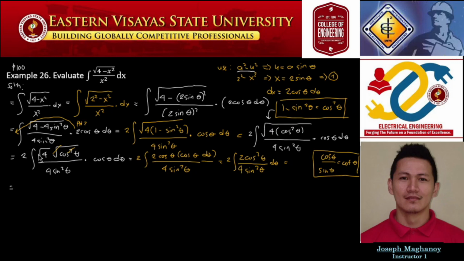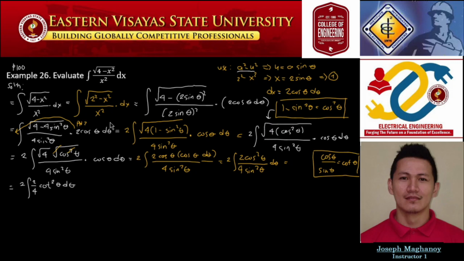Okay, using our relation, that is 2 integral of, we have a common fraction 2 over 4. They have the same power, so we can use cotangent because they have the same power. So cotangent, what is the common power? 2 theta. Okay, of course your d theta.